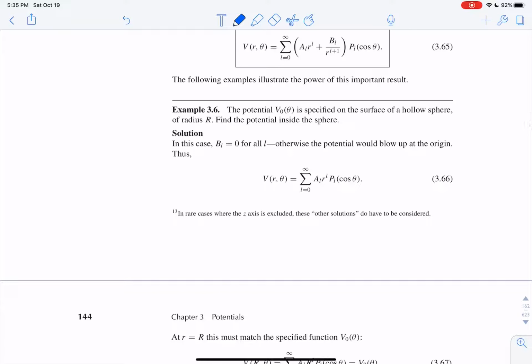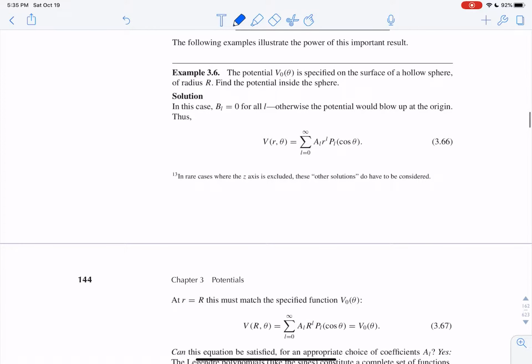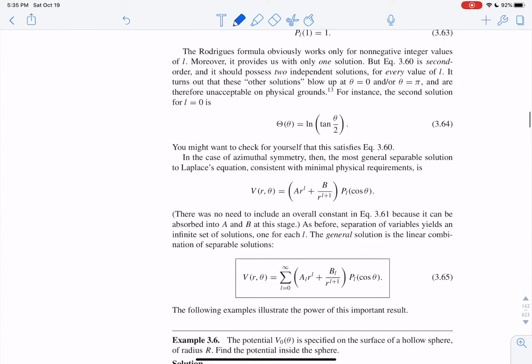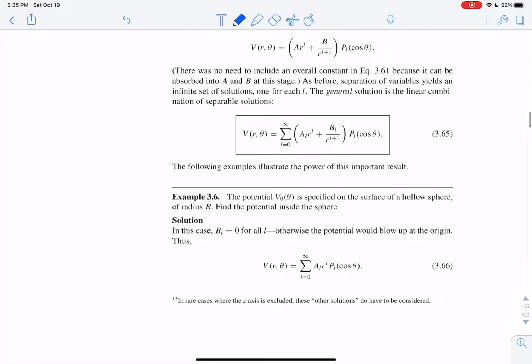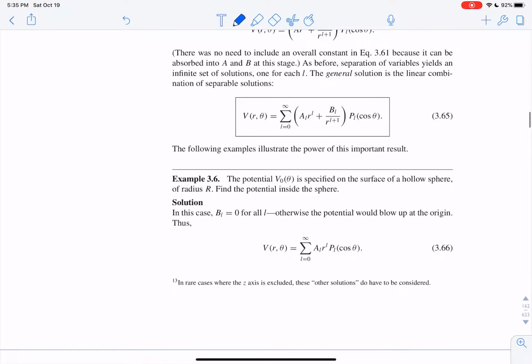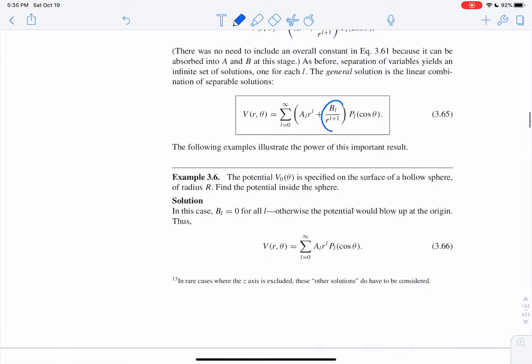Okay, so for example, let's say you've got a potential on the surface of a hollow sphere with radius R. What's the potential inside of the sphere? B sub L equals 0 for all L, otherwise the potential will blow up at the origin. Your potential can't be infinity, so if you put r equals 0, then this goes to infinity, and that's bad.